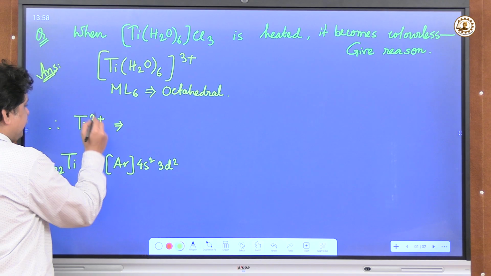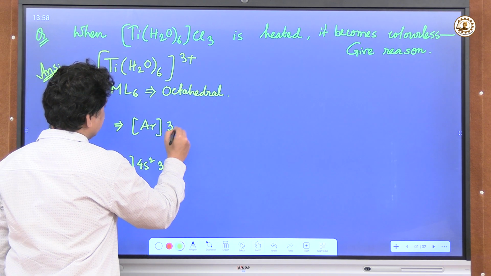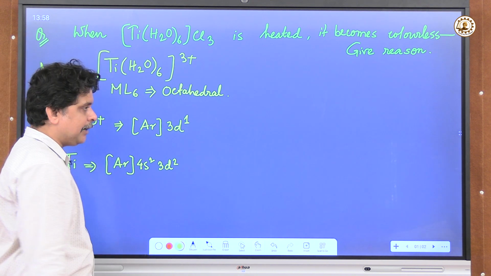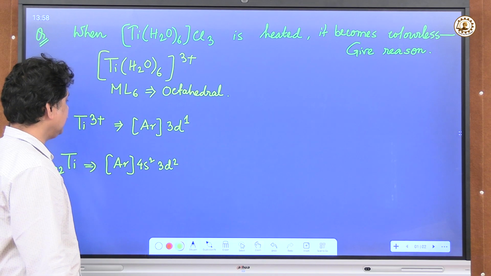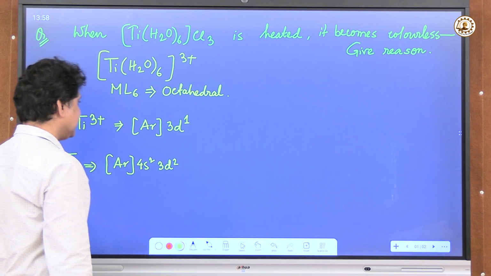Therefore Ti3+ becomes [Ar] 3d1. Here the central metal titanium has a d1 configuration and it is bonded to 6 H2O ligands.